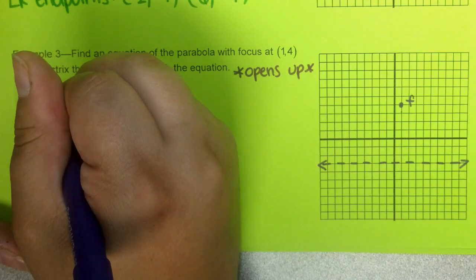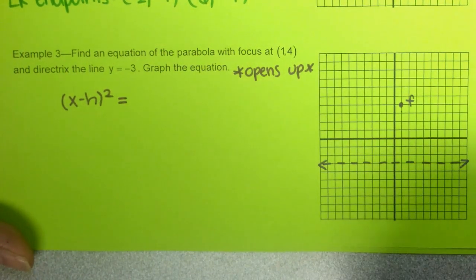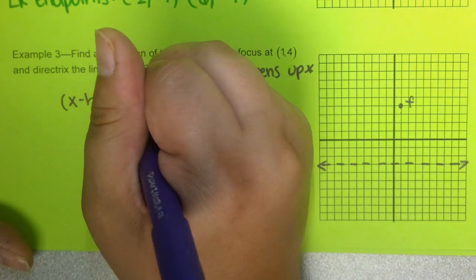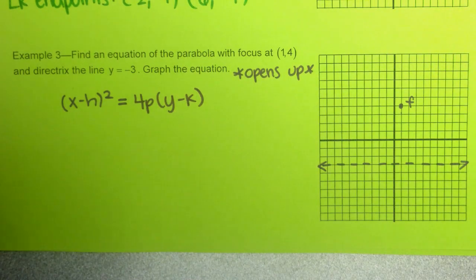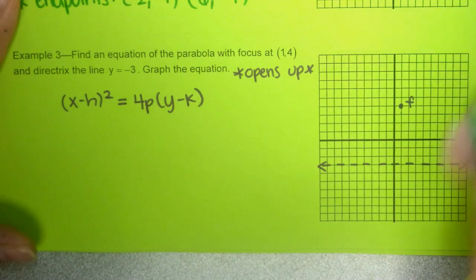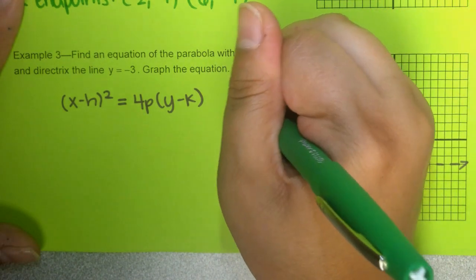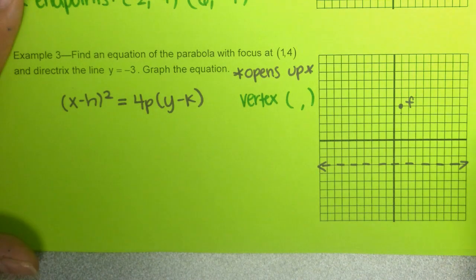So do you agree my equation is going to be x minus h squared equals 4p y minus k? Pick your head up. Write this down, please. Before we find p, what can we find first, though? Louder? The vertex. Where is my vertex going to be? How do I find the vertex?